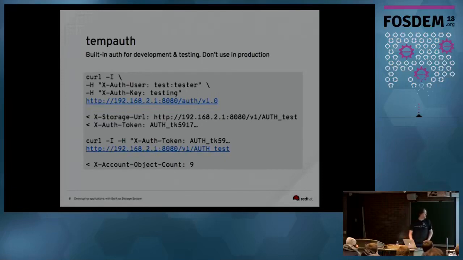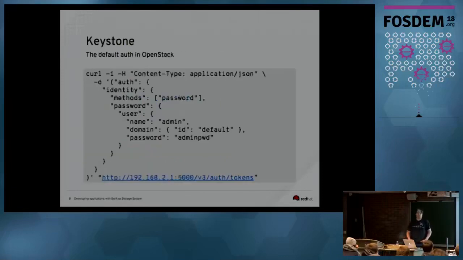All right, so when you want to go into a production or more production-like environment, then in many cases you're using Keystone, which is the OpenStack identity project. It goes very similar, but instead of sending headers, you're just sending a JSON blob, but you can see there's a password in it, there's a user in it, and you send it to a Keystone server itself. Keystone will return a token for you.